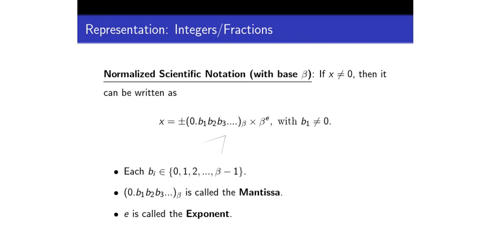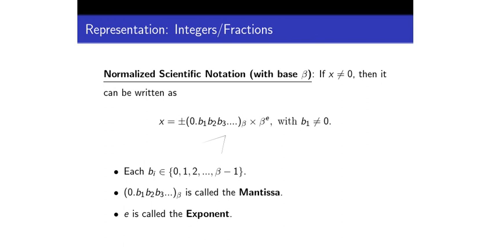As I mentioned, this part is called the mantissa, and e is called the exponent. Every number can be written as a normalized scientific notation in this form.